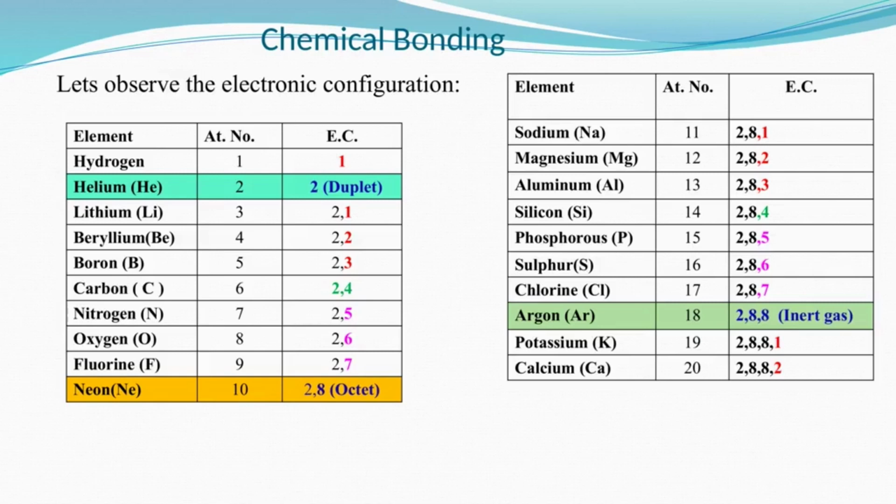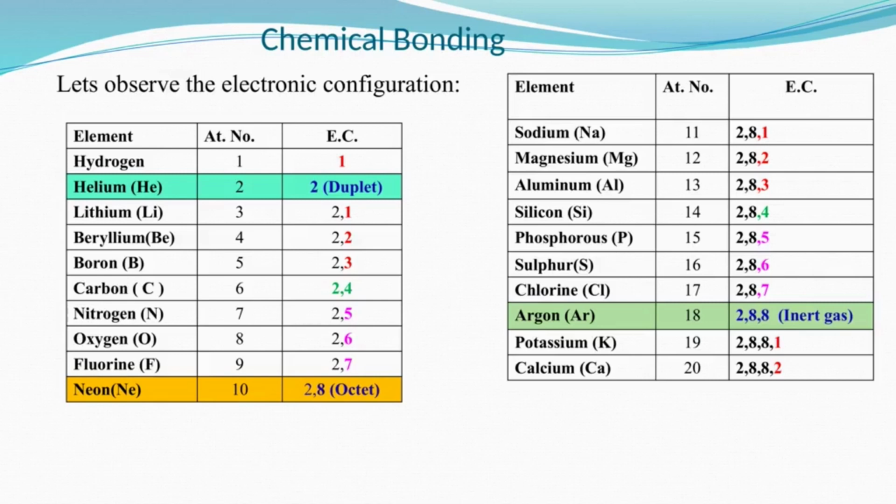So, here if you see the highlighted elements in that table, helium, neon, argon, helium has the duplet electronic configuration, in which the K shell is completely filled, and neon has the octet electronic configuration, as does argon, 2, 8 in case of neon, and in case of argon it is 2, 8 and 8.